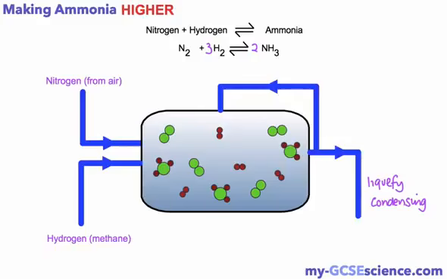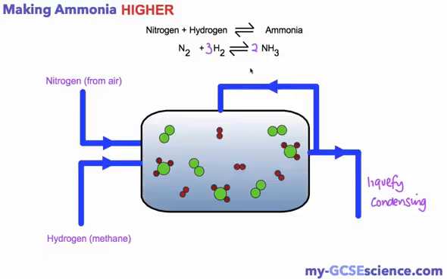But the first thing to think about, and in fact remember, is that when we start the reaction off, when we mix the nitrogen and the hydrogen, you can imagine that we have high levels of nitrogen and hydrogen and very low levels of ammonia. But as time goes on, we start getting higher levels of ammonia and lower levels of nitrogen and hydrogen.